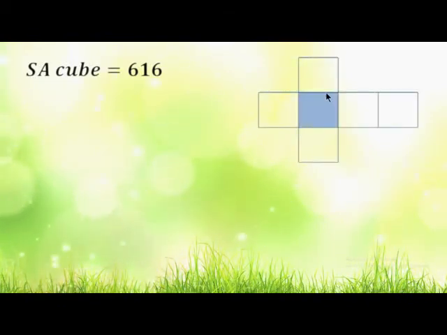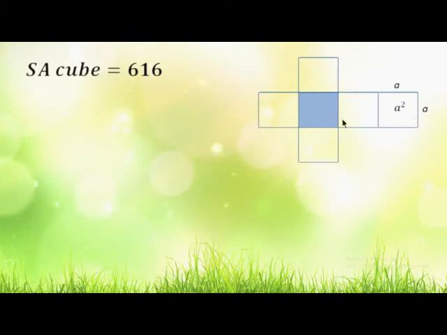We know that the surface area of the cube is 616. So this is the net for the cube. The cube is constructed by 1, 2, 3, 4, 5, 6 squares. Let's say the side of the square is A. So the area of one square is A square.